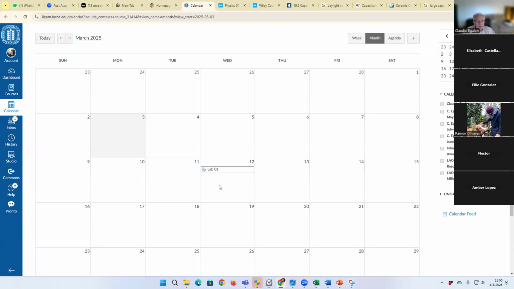Check if you can visualize this lab one that's due next week. Okay, Elizabeth can do that, but then there is another student who cannot do it. I want to hear from you all. Please check Canvas. Let me know if you visualize it and write down there in the chat window.